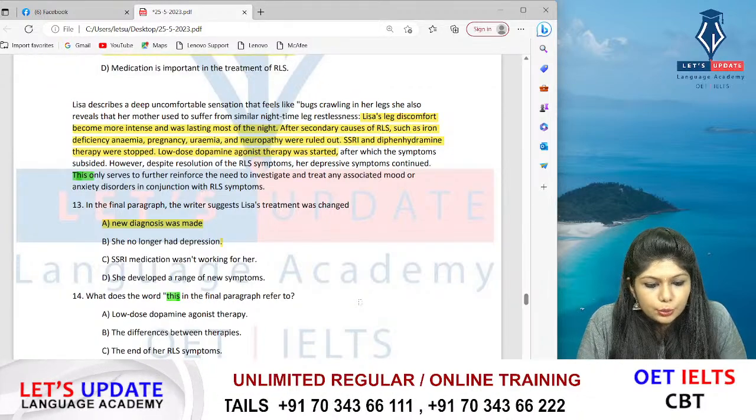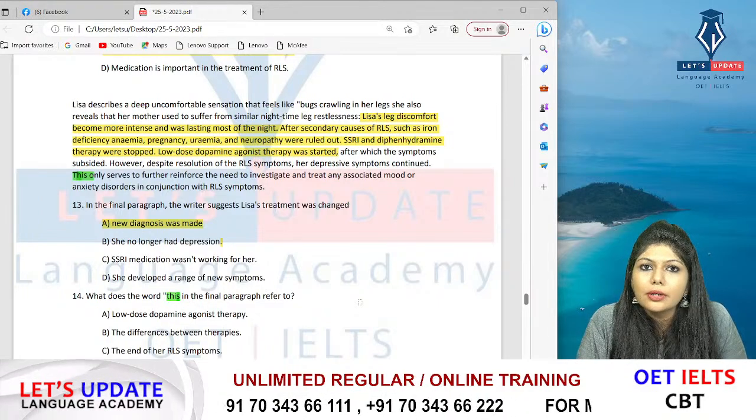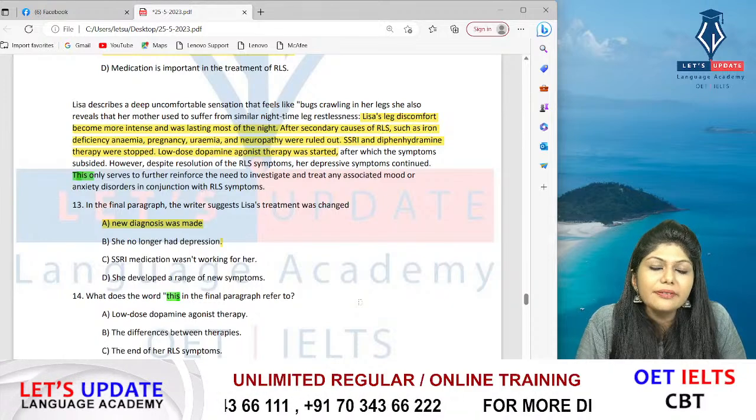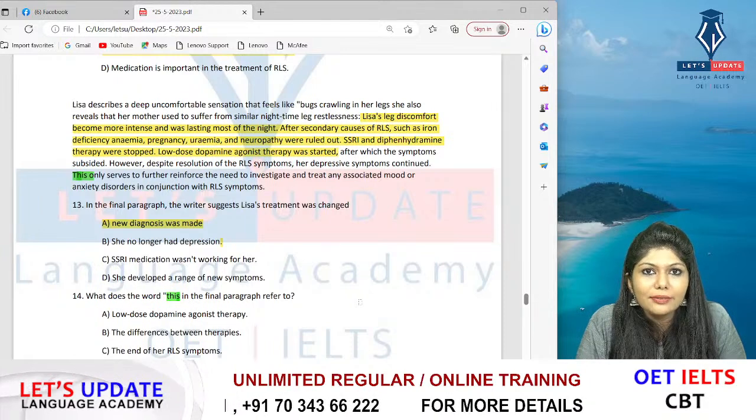What does it refer to? If you come across words such as this, that, these, it, etc., you have to read the previous sentence to know what the subject is, so that you can identify what they are referring to.